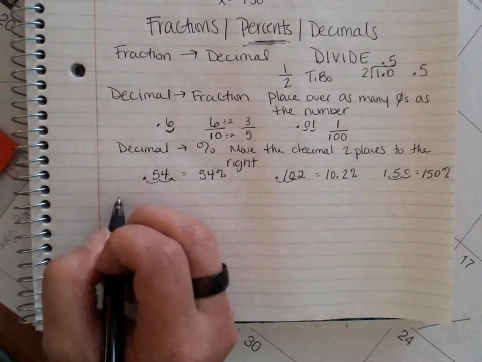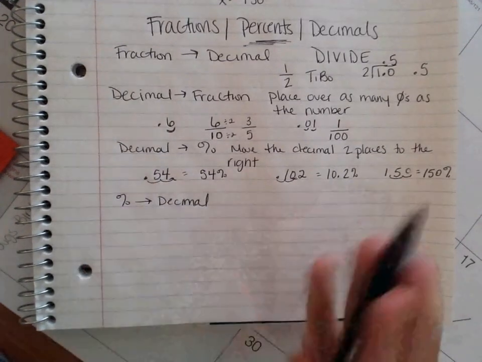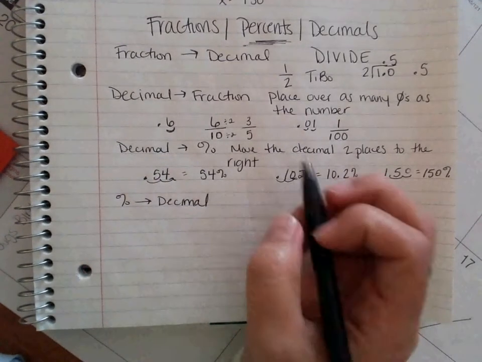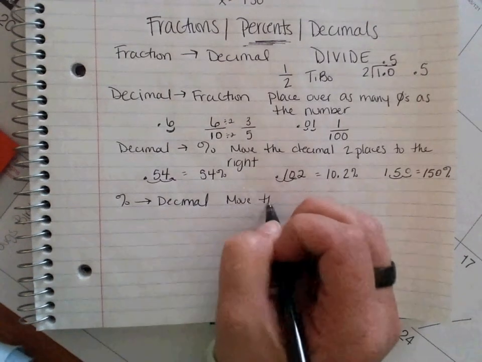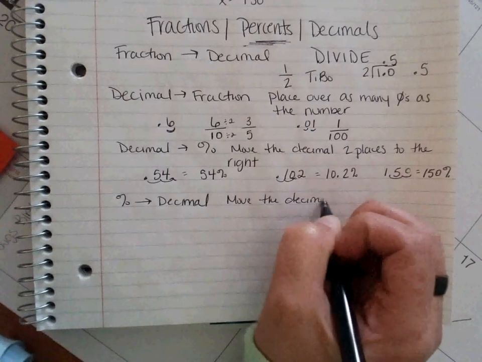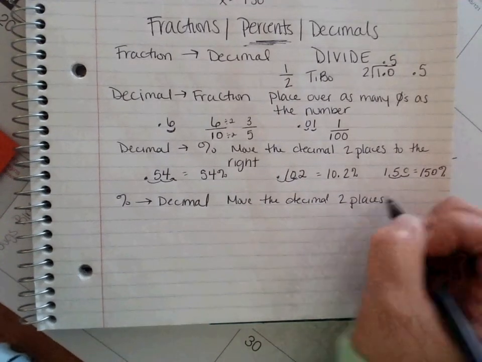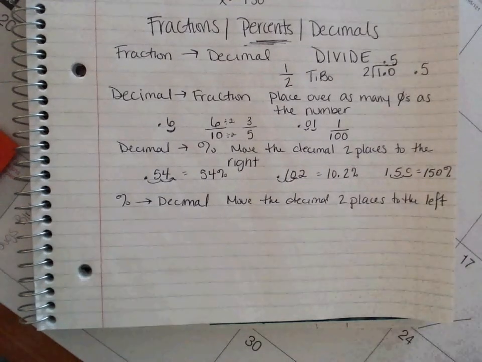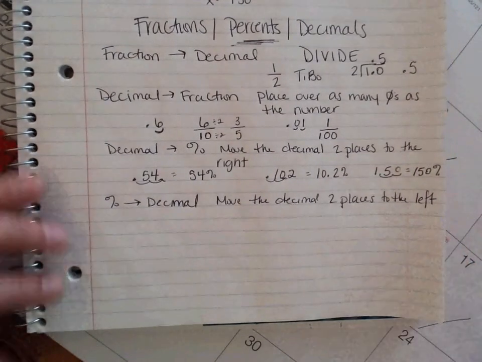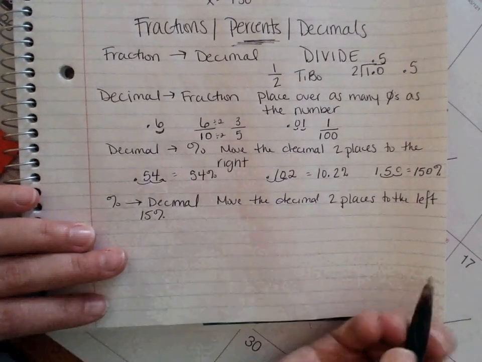And to go from a percent to a decimal, I got to work backwards. So if I moved it 2 places to the right, this time I'm going to move the decimal 2 places to the left. So this time I'm going to say something like 15%.